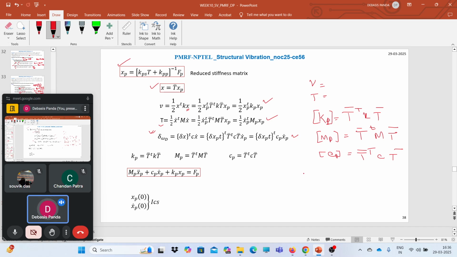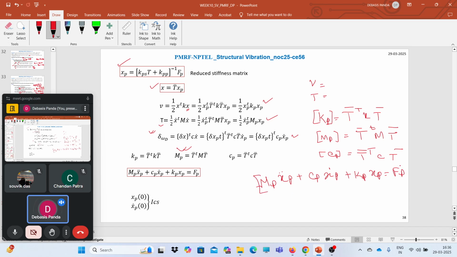Now finally we can write down the equation of motion in the reduced model, or in the primary coordinates. So MP x double dot of P plus CP x dot of P plus KP into XP is equal to FP.